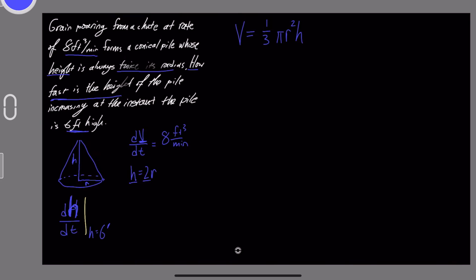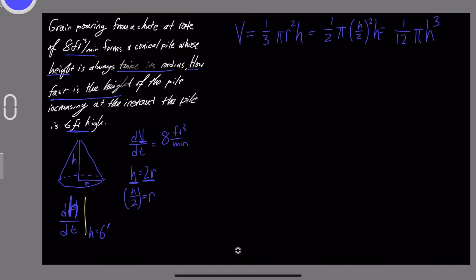All right, and let's see, radius isn't changing, and we know the radius in terms of height, so we can plug in for that, right? So if we wanted to get rid of radius, we plug in h over 2. So let's do that before we take our derivative. Times h, and simplifying all of that, we get 1/12 pi h cubed.